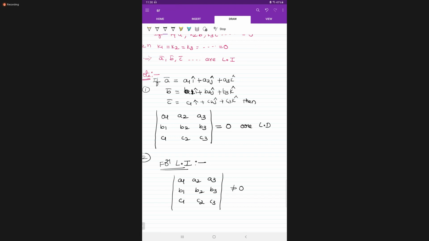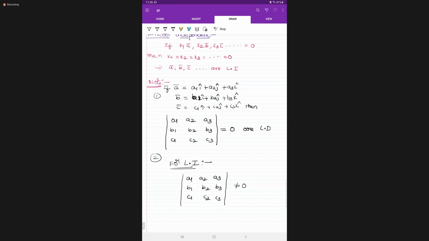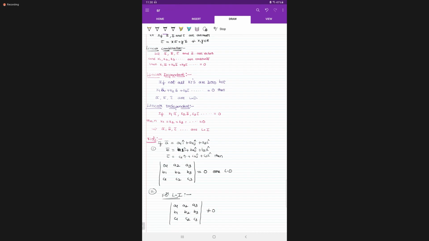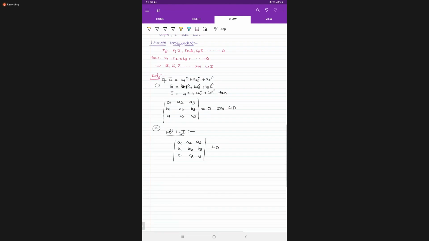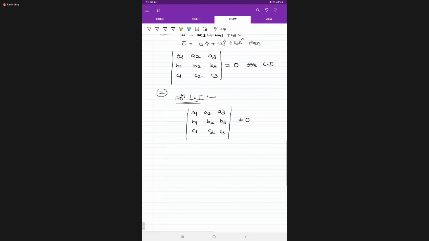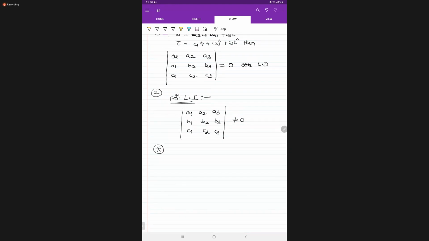Right. Next point. Two collinear vectors are linear dependent.